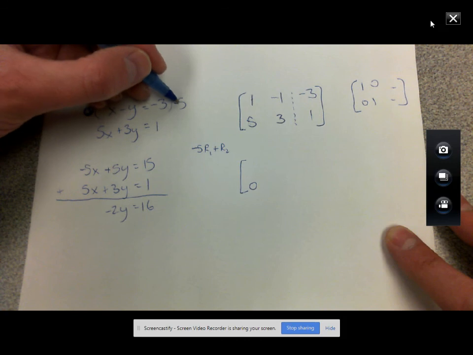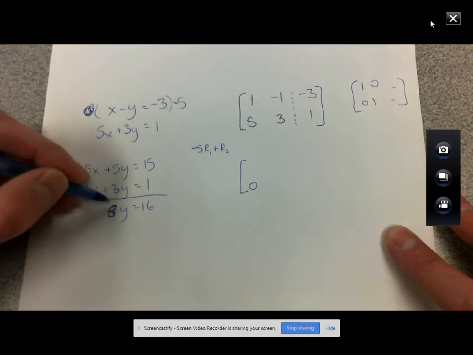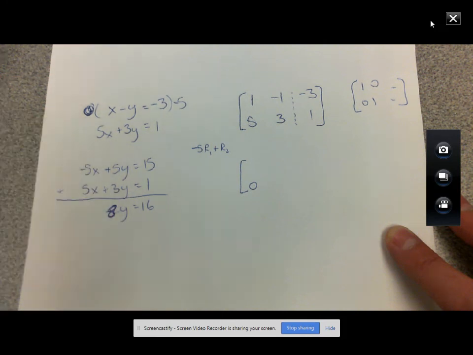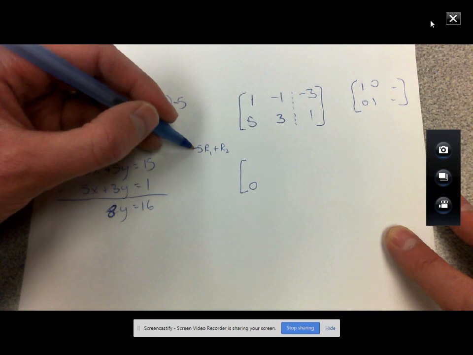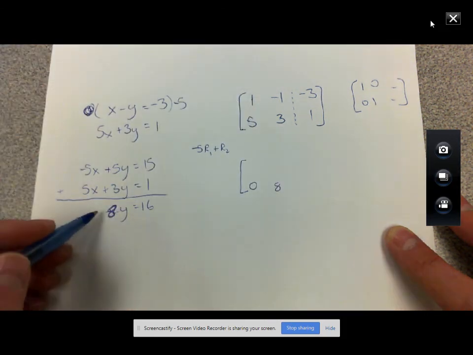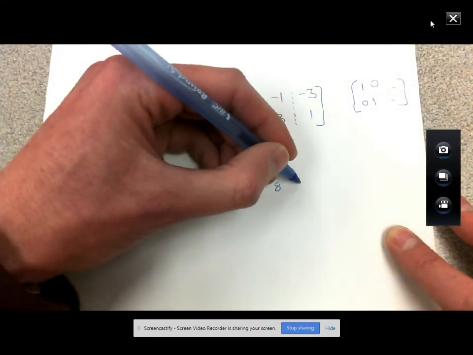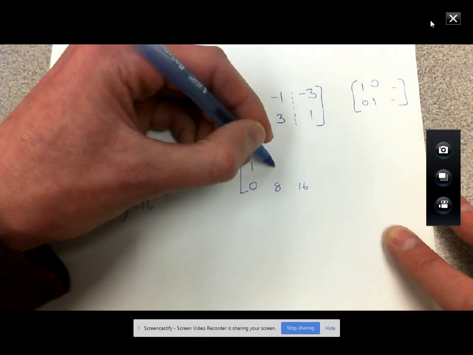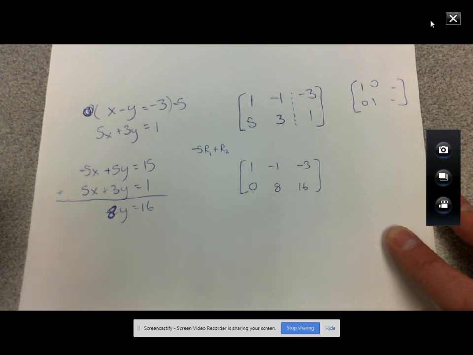I'm sorry. -5 times -1 is +5. Plus 3 is 8. That should be an 8y. My mistake. So -1 times -5 is +5. Plus 3 is 8. So there's that 0x plus 8y. And -3 times -5 is 15. Plus 1 is 16. And I'm going to leave that first equation alone.